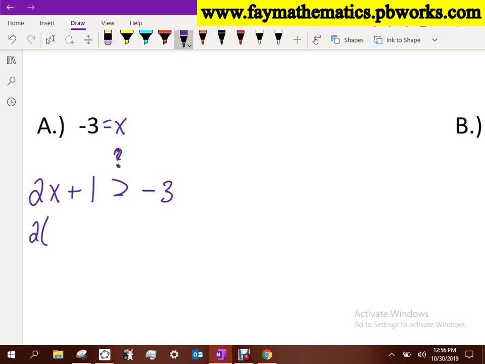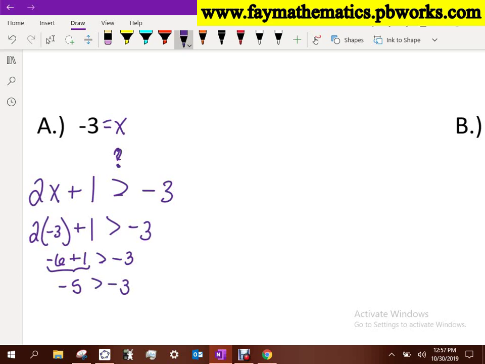You go 2 times -3 plus 1. We're going to ask ourselves, is that greater than -3? So what's -3 times 2? So when I do the order of operations, that does give me -5 on the left, right?